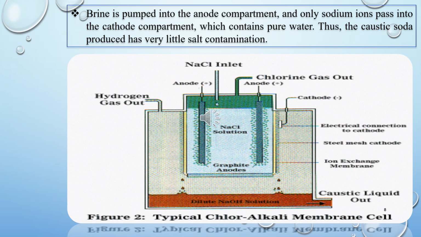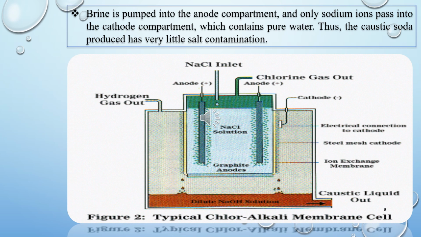That semi-permeable membrane, or plastic sheets, will now allow only sodium ion to pass through it and will not permit the other ions to pass through it, due to which that sodium is converted into caustic soda, or sodium hydroxide, that will have very little salt contamination. Otherwise, that product is very pure and very concentrated, which needs less evaporation to get a concentrated product.